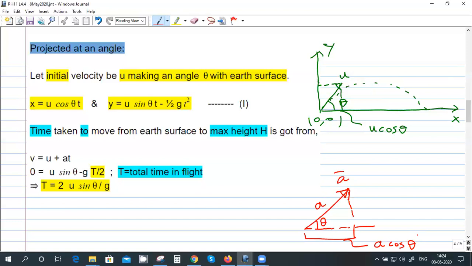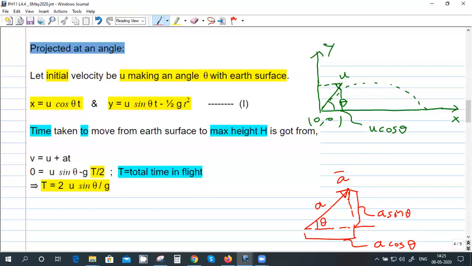That's because cos theta is adjacent side by hypotenuse. Hypotenuse is A. So from that you get adjacent side as A cos theta. So similarly, what is the vertical length? A sin theta.